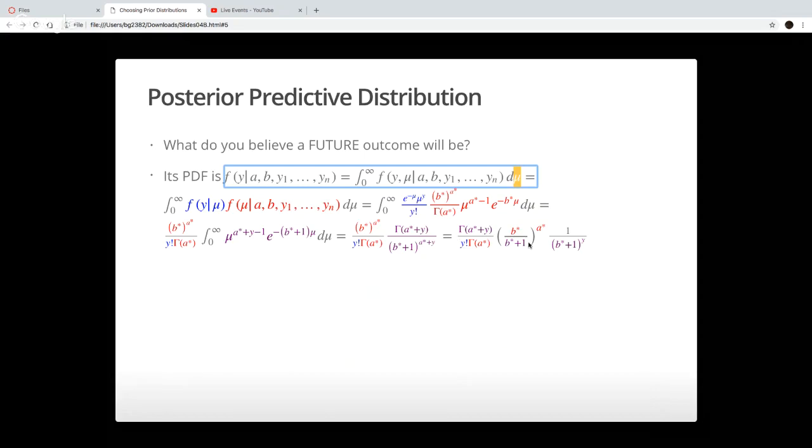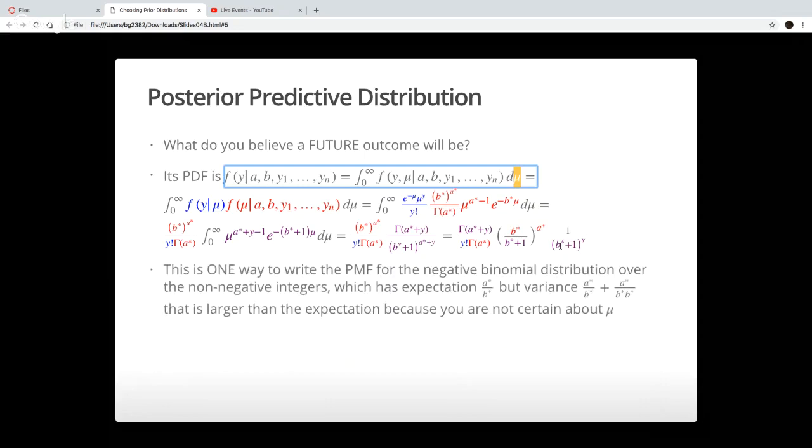And what we're left with is this expression, which is one among about 12 different ways to write the probability mass function for the so-called negative binomial distribution, which is also defined on a sample space of non-negative integers. And so it too would be appropriate for counts.